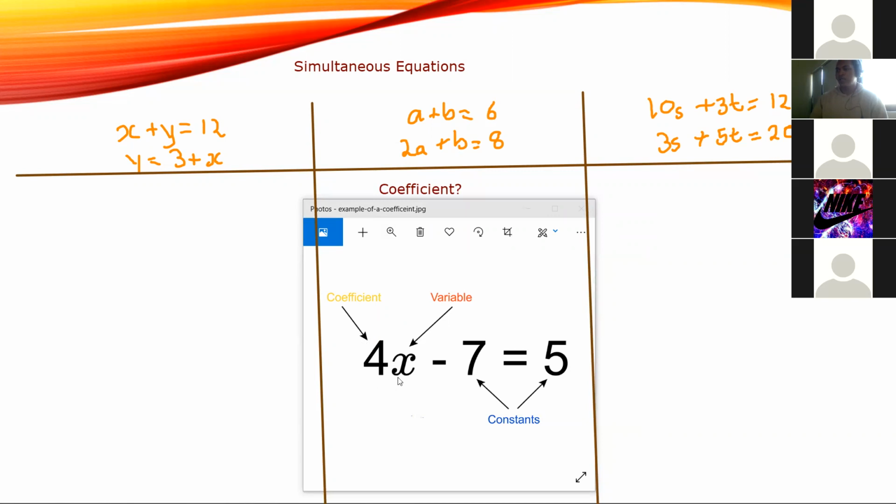So all the numbers in front of the letter are coefficients. So the 4 here is a coefficient. The X is a variable, an unknown that we don't know. 7 and 5 are constants. Please note that a constant can also be a Y over here. Sometimes the Y variable can also be classified as a constant if it's alone, if it's not going to change, right? So that is an example of a coefficient.